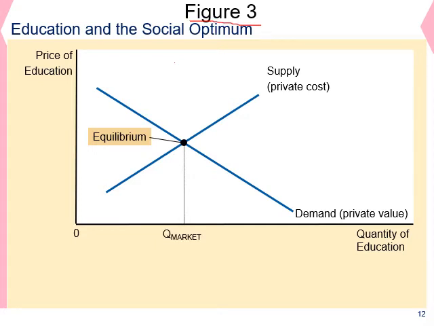Figure number three deals with education and the social optimum. So the price of education is given on the y-axis and the quantity of education is given on the x-axis. The supply curve, which is the private cost, crosses the demand curve, which is the private value, at this point, which is the equilibrium quantity of the market.